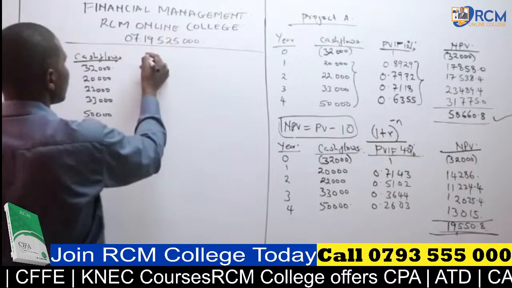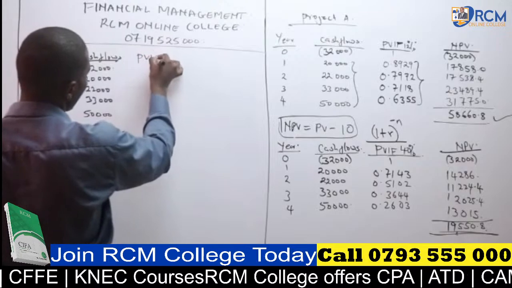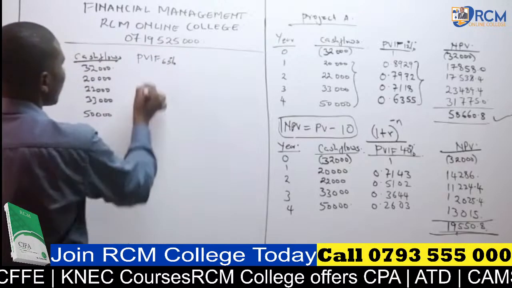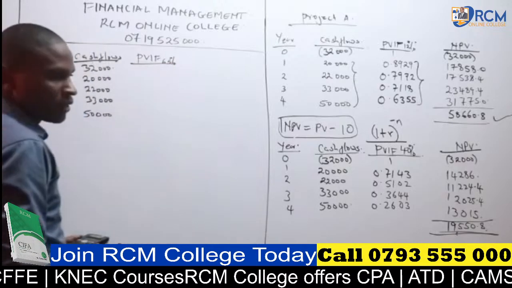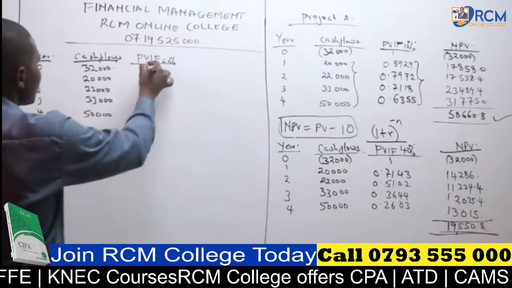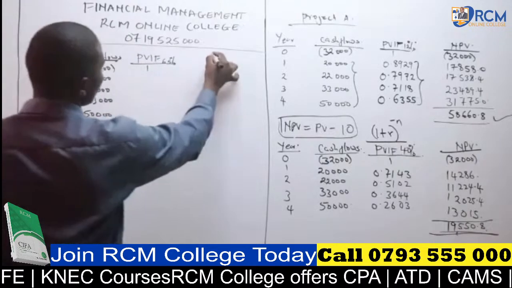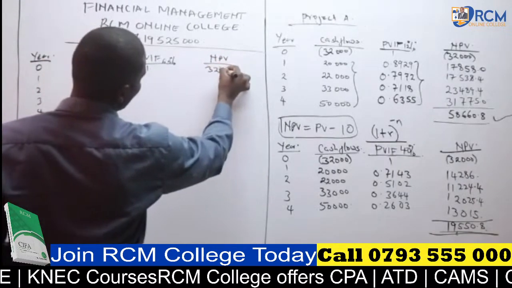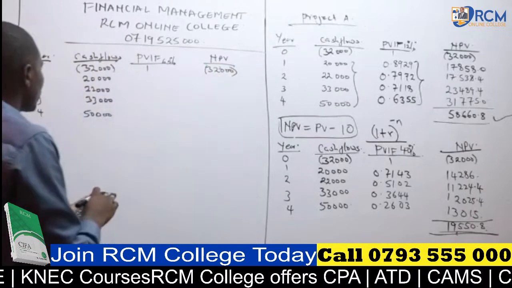Allow me to use that. We use 65. I will use 65%. Yay. That is okay. Let's see. This is one. So my NPV here is 32,000, of course, that initial outlay does not change.